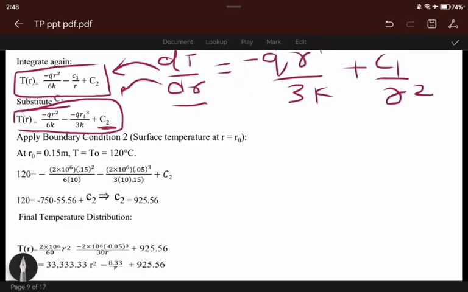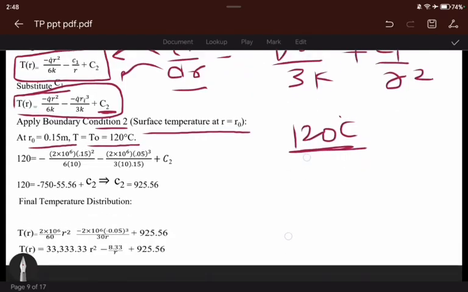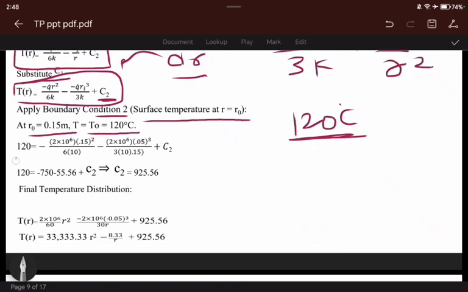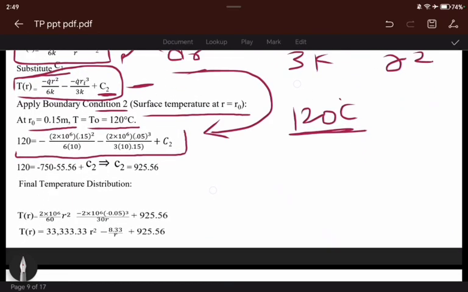So we apply our second boundary condition, that is surface temperature at r equal to r naught, that is given 120 degrees Celsius at outer surface. So our outer radius is 0.15 meter and the temperature at the outer surface is 120 degrees Celsius. So we will put our values in this equation. So we will get our c2 value, that is 925.56.